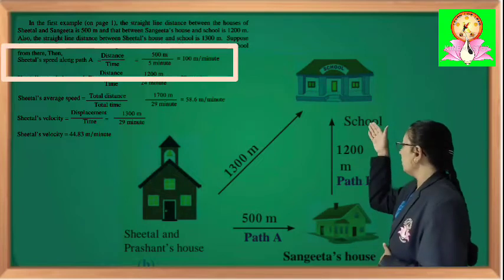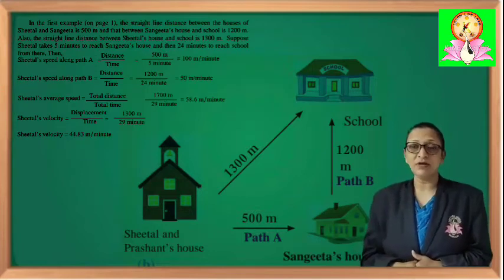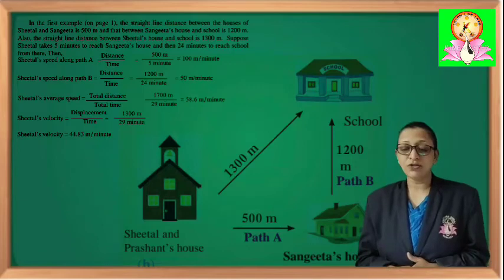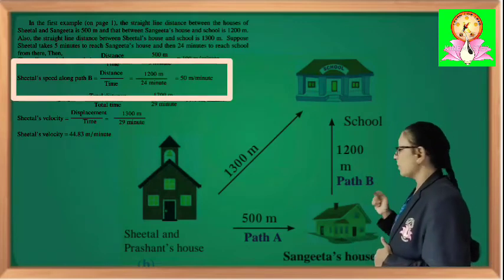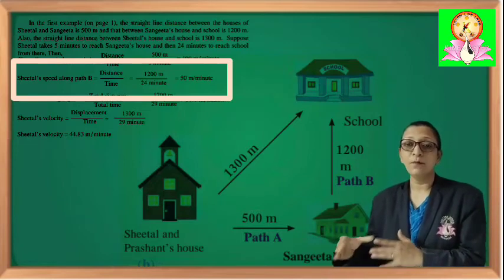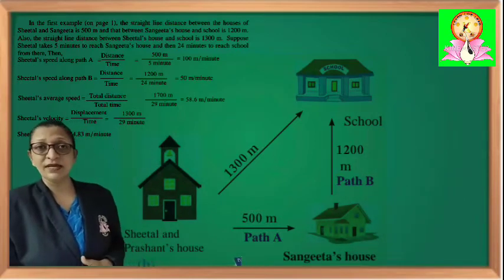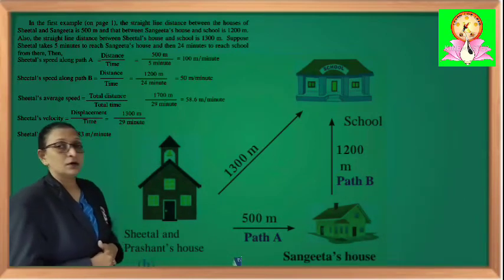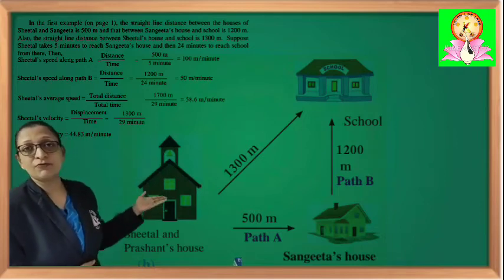Sheetal's speed along the second path, that is path B, is equal to distance travelled upon time, which is 1200 meters upon 24, that is 50 meters per minute. Now, Sheetal's average speed we can calculate by adding both the distances and both the times.